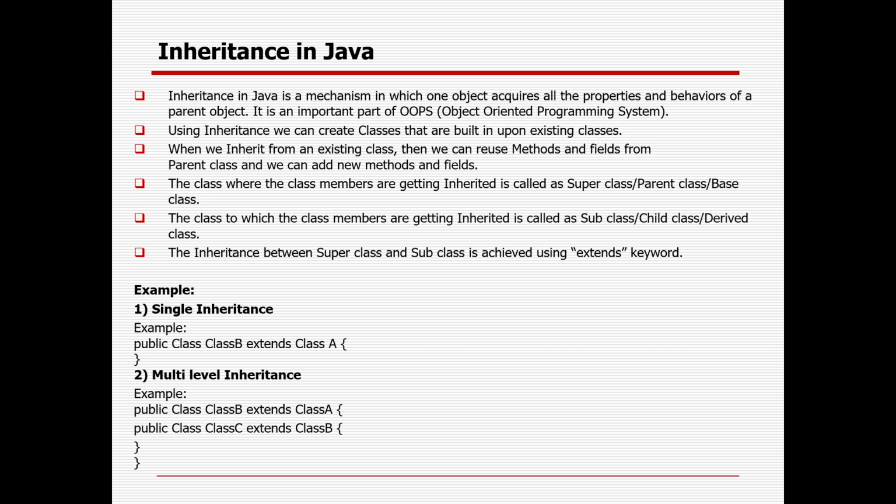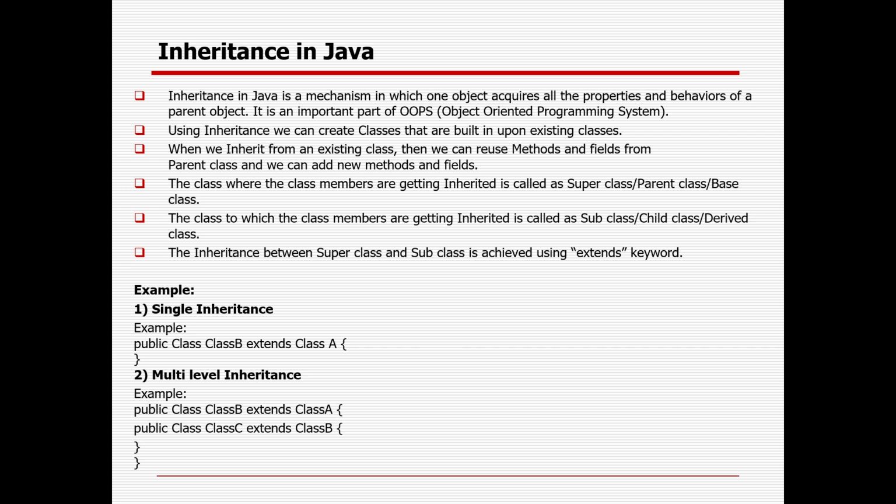The class from which the members are inherited is called the base class, super class, or parent class. And the class that inherits is sometimes called the child class, derived class, or subclass. We can establish the relationship between the parent and child class with the help of the extends keyword.